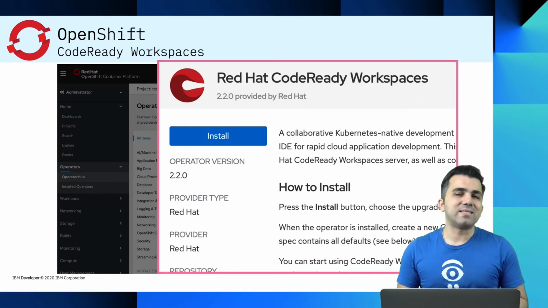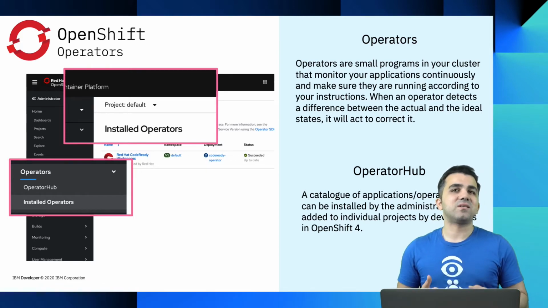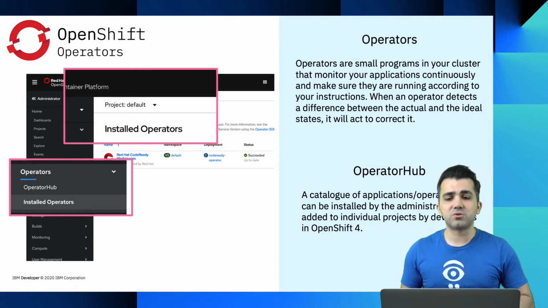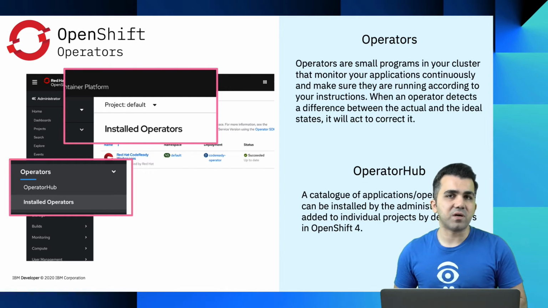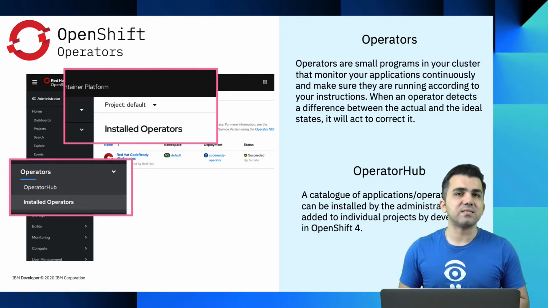So what is an operator then? You may ask. Updating and maintaining containerized applications should be an automated process. The same applies to your containerized development environment. Operators are small programs in your cluster that monitor your applications continuously and make sure they're running according to your instructions.